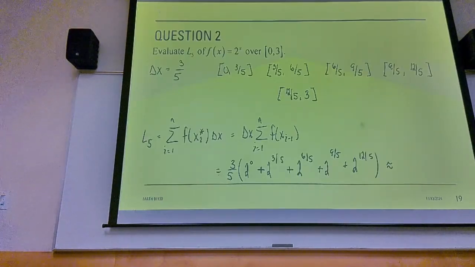What'd you get? I got approximately 8.14401. So again, that serves as an approximate area.